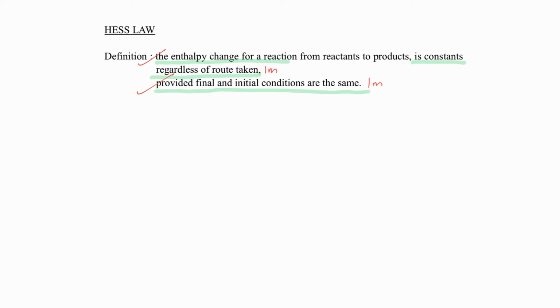Let's see how we could actually explain this. So let's say A reacts with B to give us C. We can get C from A plus B with a 1-step reaction or a 2-step reaction. If it is a 1-step reaction, we will have 1 delta H, so let's say it is delta H1. We could also get C from A plus B with a 2-step pathway.